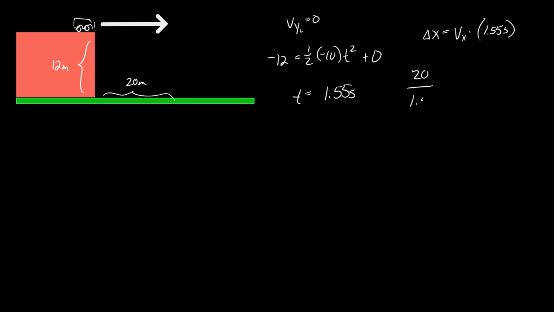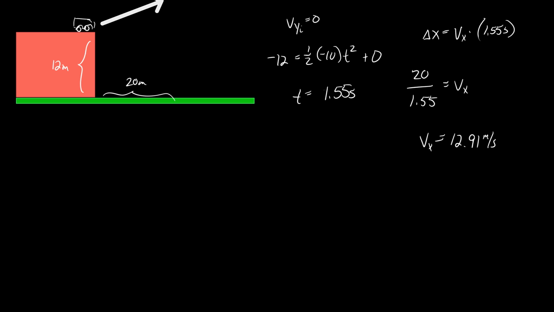So 20 divided by 1.55 gives me a horizontal velocity of 12.9. We need that to do the actual problem. So the actual problem is to figure out where it lands if there's a ramp and the ramp is inclined 20 degrees. So suddenly the problem changes.